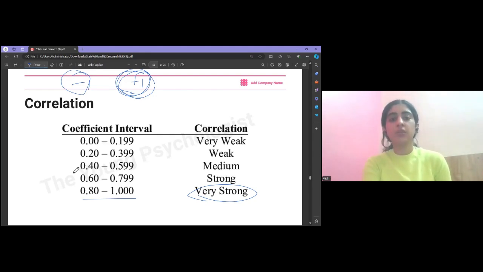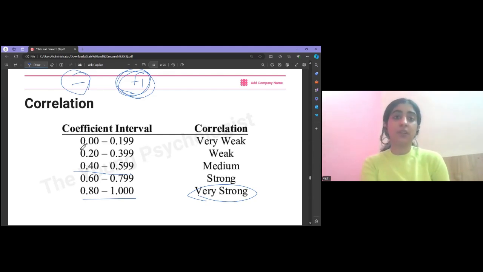Now, there can be values like 0.4 or 0.45, which are not very close to either -1 or +1. It's somewhere in the middle. That just tells us that there is a medium correlation. We cannot say for sure that there is a very strong correlation; it only tells us that there is some sort of medium correlation between the variables.